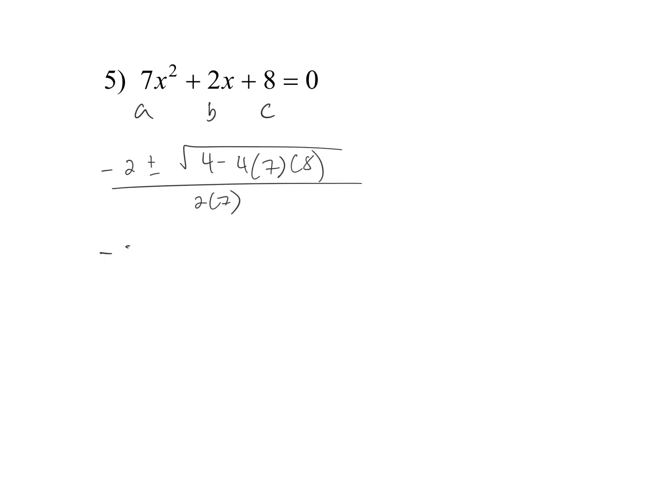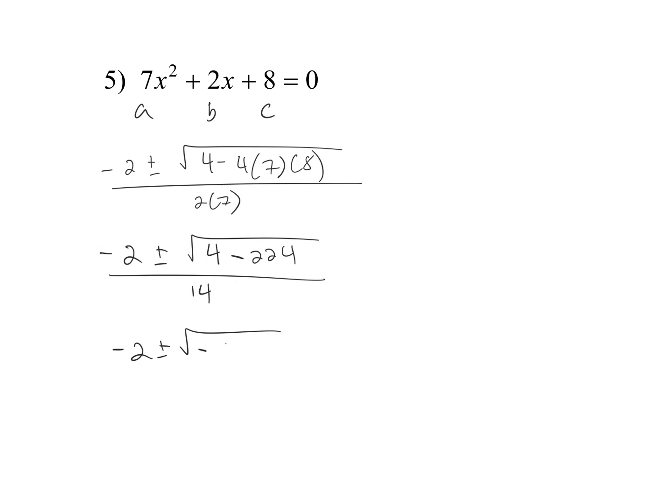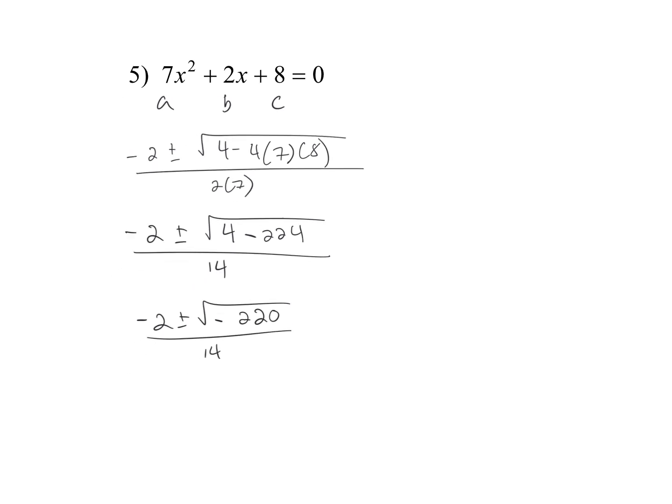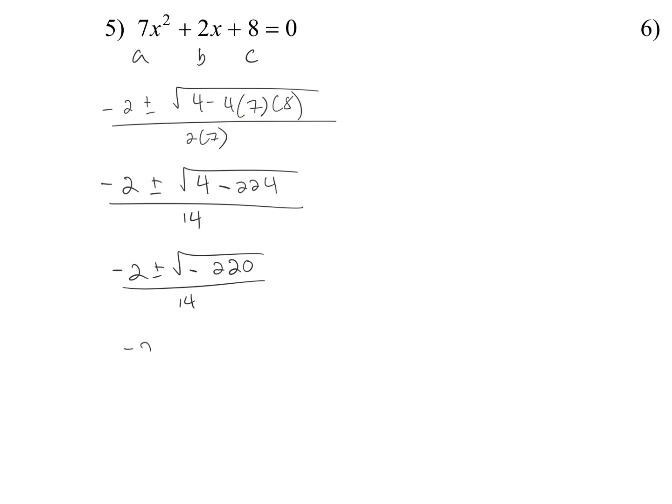That's going to be -2, plus or minus the square root of 4, minus 224 over 14. That's going to simplify to -2, plus or minus the square root of -220 over 14. I can take out the i.